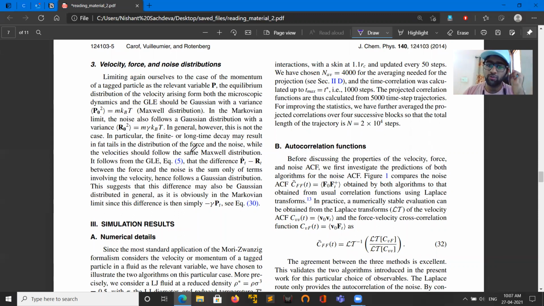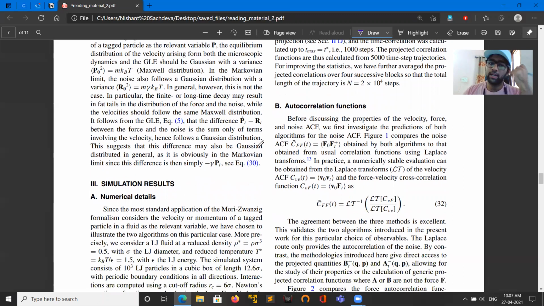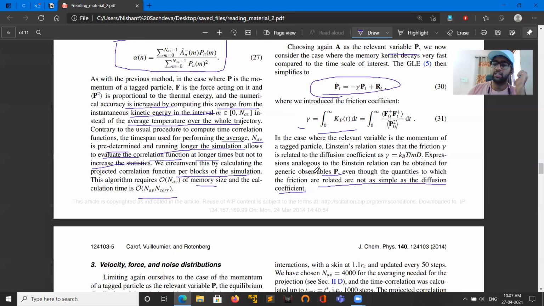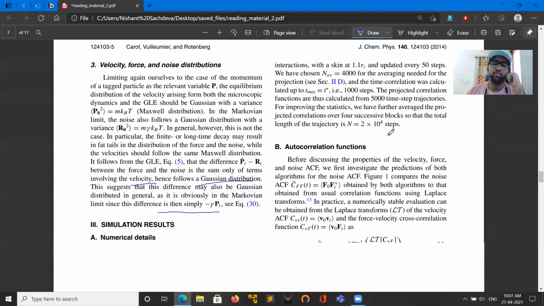While the velocity should follow the same Maxwell distribution, it follows from the GLE that the difference, P_t dot minus R_t, between the force and the noise is the sum only of terms involving the velocity, hence following the Gaussian distribution. This suggests that this difference may also be Gaussian distributed in general, as it obviously is in the Markovian limit, since this difference is simply minus gamma p_t. So we come from equation 30.